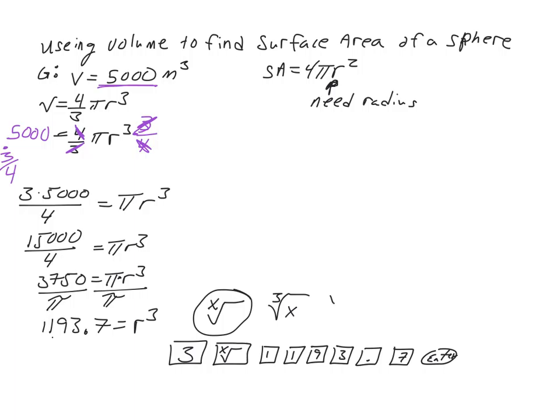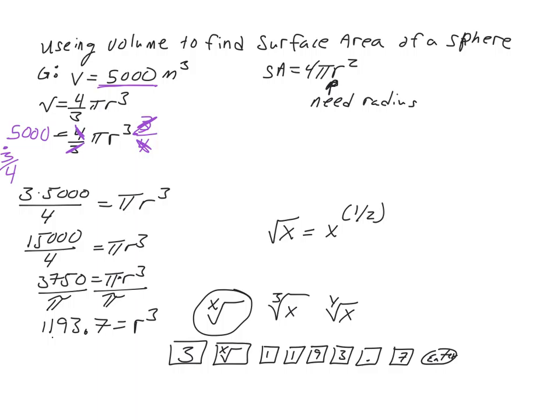Now, what do you do if your calculator doesn't have a cubed root of x, or a y x like that? Okay? Well, there's a shortcut, a trick that you can do. If I take the square root of something, so let's say square root of x, this is the same as x to the power of 1/2.